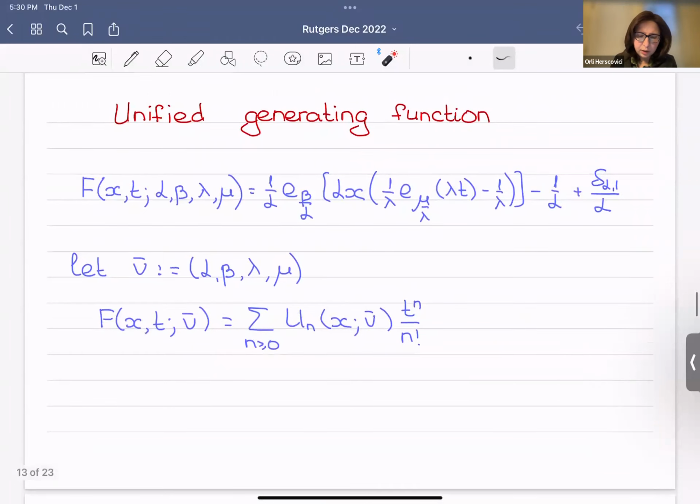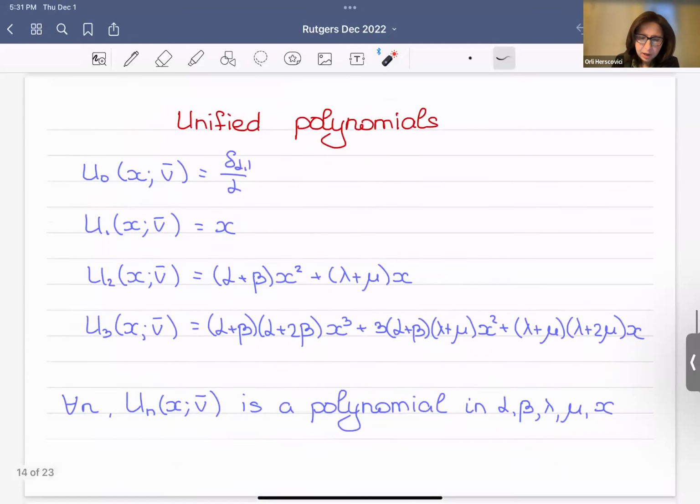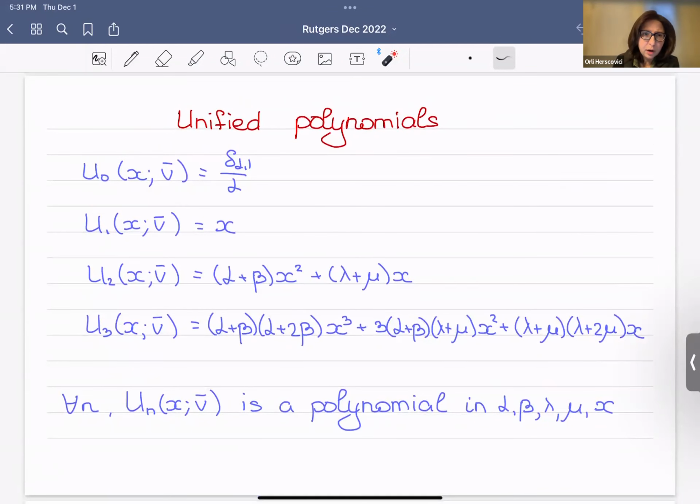So this function is written just for shortness. The quartet of these parameters we will denote by v bar. And so this function f will be a generating function for some other functions u_n, depending on variable x and on the parameters. But actually, we show that these functions u_n are polynomials for any n starting from n equal 1.